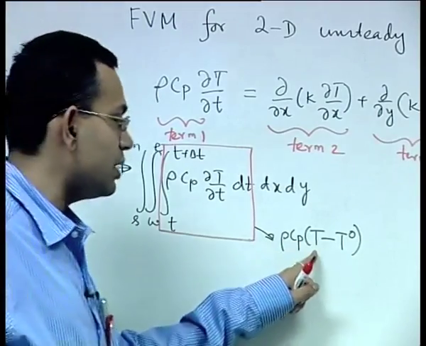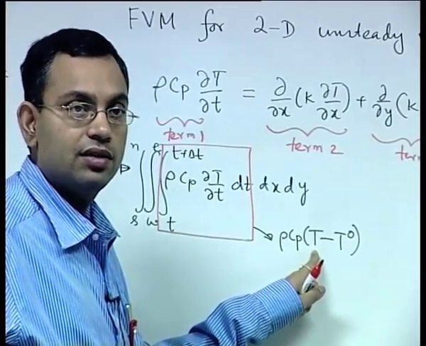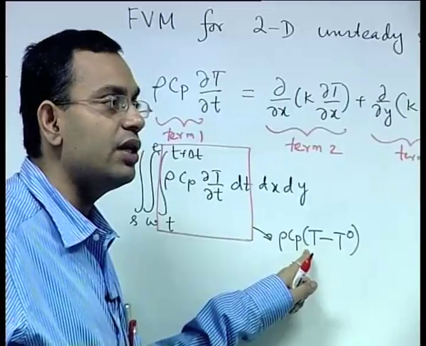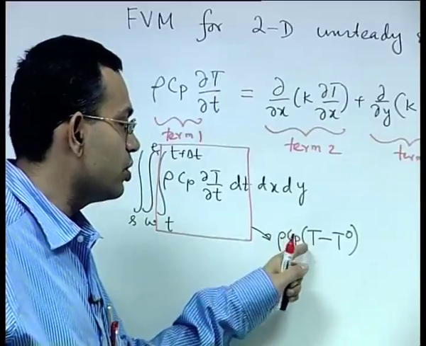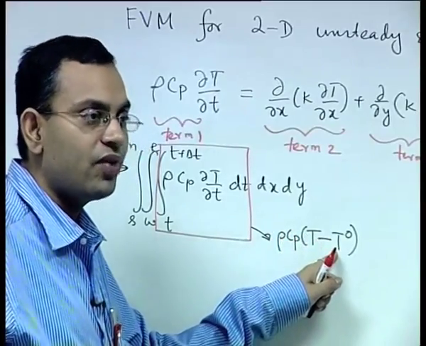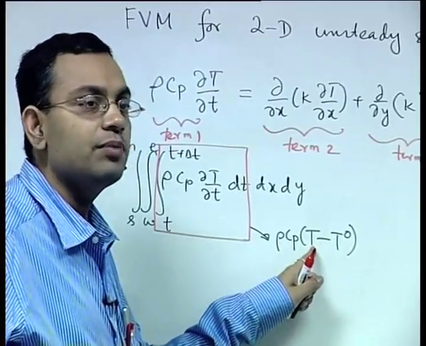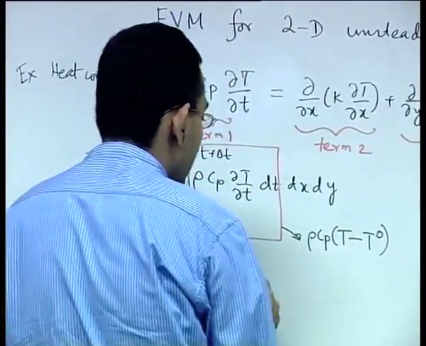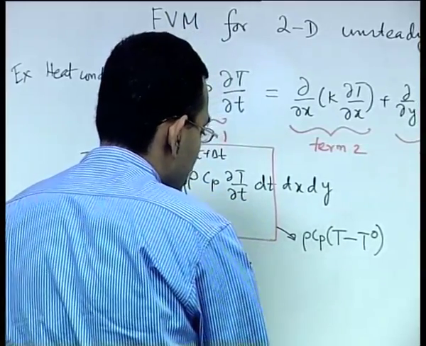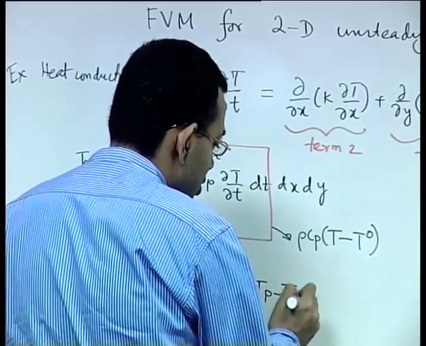what is the profile assumption that we can take for this? We can take piecewise constant, because there is no derivative, we need not take it as something different from a constant. So if it is a piecewise constant temperature profile within each control volume, then this T becomes Tp. So with respect to x, if we integrate, the next step will be rho Cp (Tp minus Tp naught).